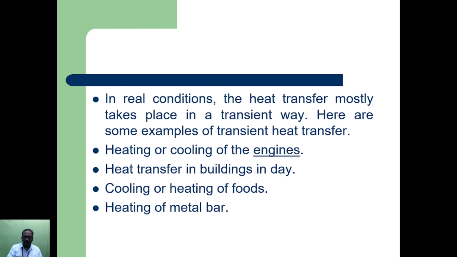In every hour the temperature distribution varies with sunshine, with respect to the solar plate collector as well as the building, from morning to evening. Cooling takes place and heating from day to night, as well as heating of foods. Heating of metal bars is one of the important transient state heat transfers.